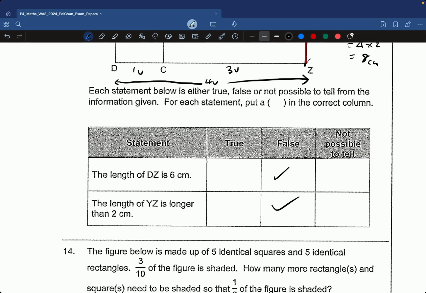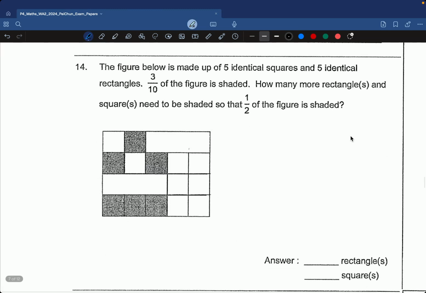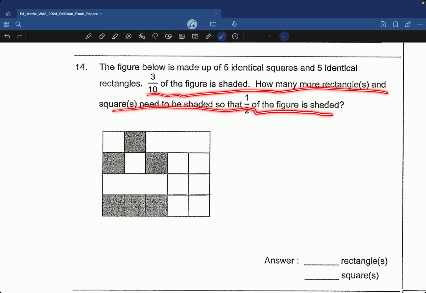All right. Then let's move on to the next question. The figure below is made out of 5 identical squares and 5 identical rectangles. 10 of them are shaded. How many more rectangles and squares need to be shaded for half of the figure to be shaded? All right.